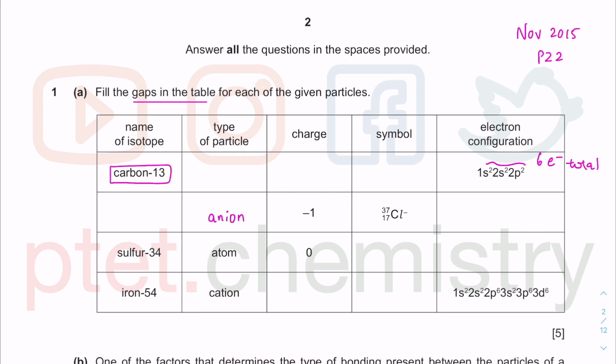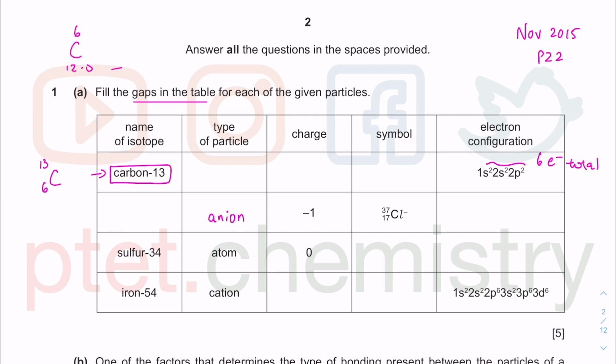So carbon 13 is carbon, and carbon has 6 protons in the nucleus according to the periodic table. It is element number 6, and carbon 13 simply means the mass number or the nucleon number, which is not the same as relative atomic mass, because relative atomic mass is the one stated in your periodic table.